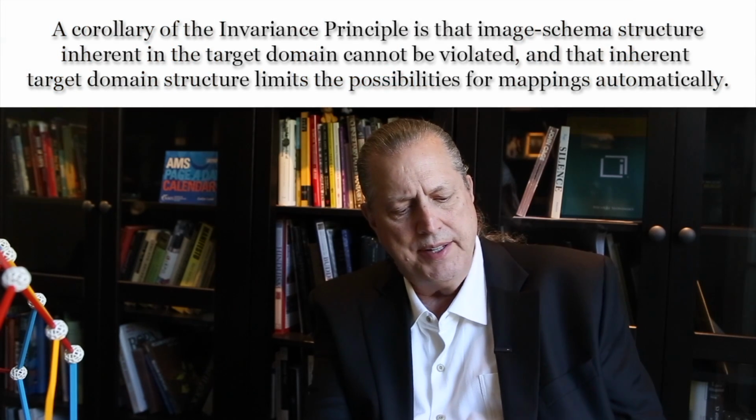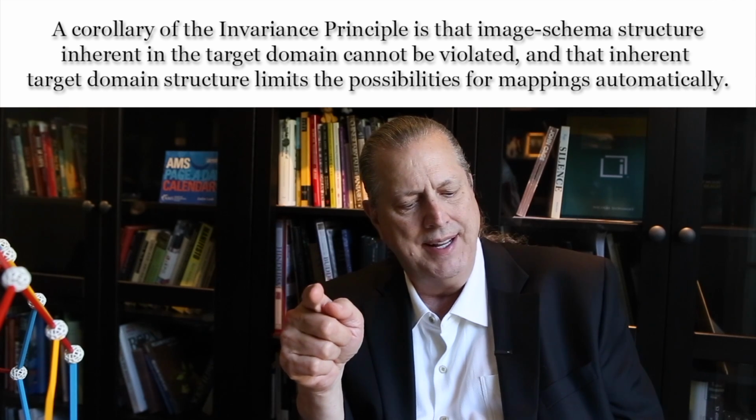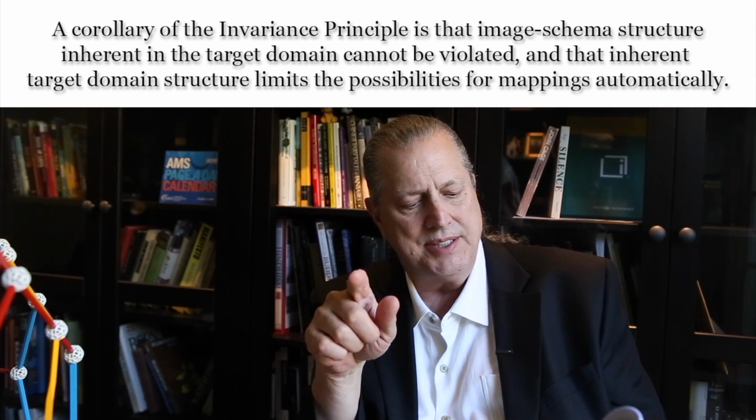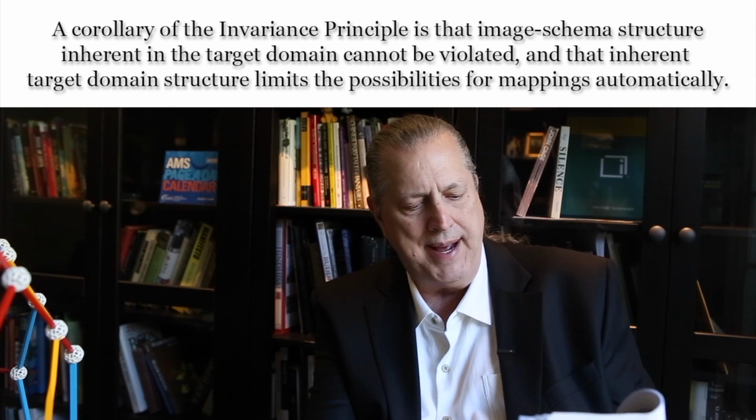But there is a caveat. The other thing that I thought was interesting is it didn't really bother me. There was something there in the metaphors that still held my attention and made me think more about what was going on. One of the caveats to the invariance principle is that the target domain overrides. The corollary is that the image schema structure inherent in the target domain cannot be violated, and that the inherent target domain structure limits the possibilities for mappings automatically.